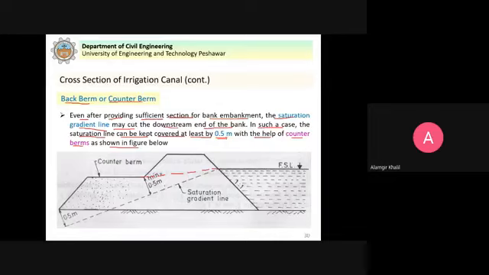So for this purpose, this saturation line can be kept covered at least by 0.5 meter with the help of what is known as counter berm. You can see here, this is the counter berm, and this saturation line is kept covered at least by 0.5 meter.